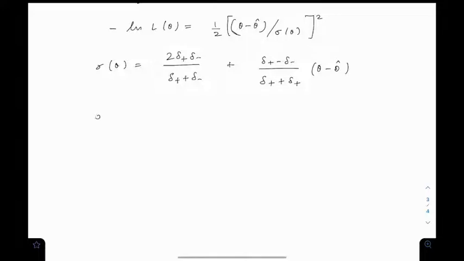So sigma theta square basically becomes... The log likelihood function has poles at locations of theta where the width becomes 0.